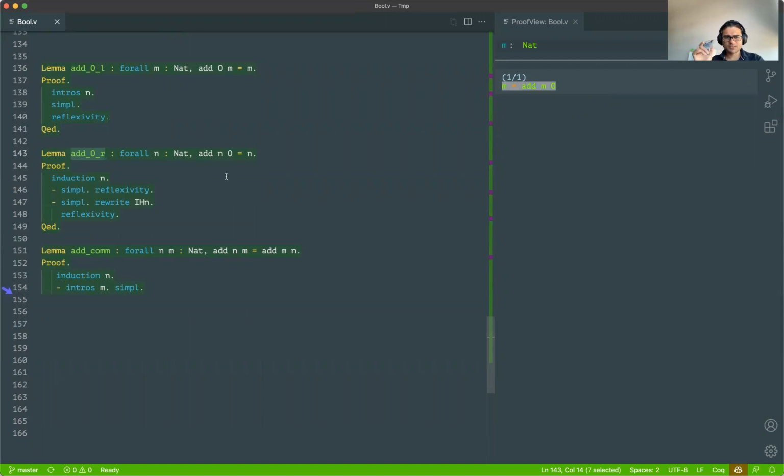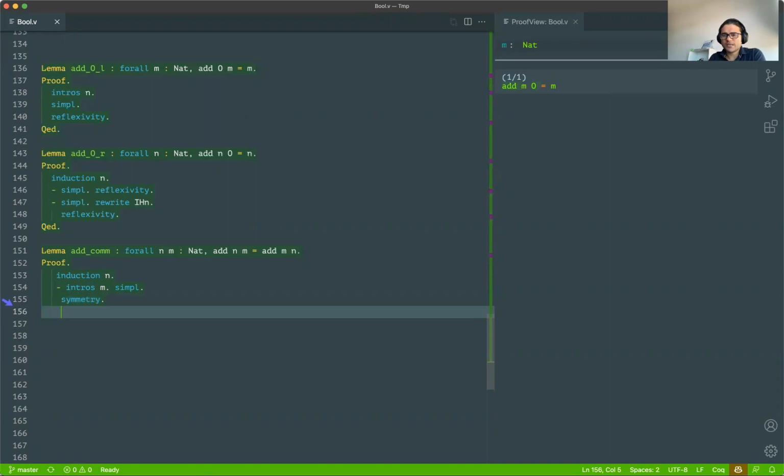Except there is just a slight problem. On the left-hand side, we have add n O, while here we have m. So what I can do is massage our goal with a tactic called symmetry. Equality is symmetric and the tactic is symmetry. So if you have A equal to B and then you apply symmetry, then it will become B equal to A.